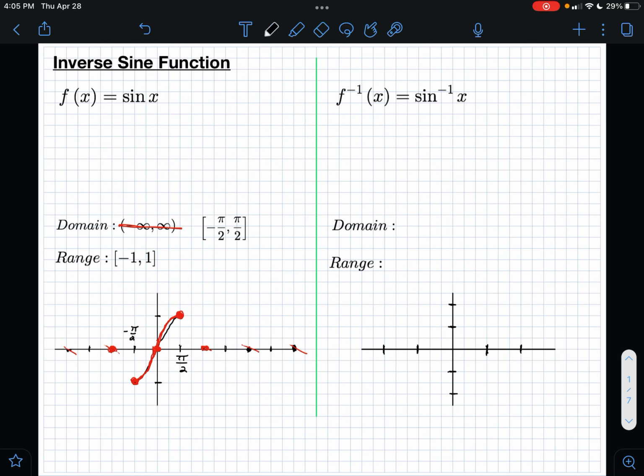Oh, excuse me. And in order to get the range of the inverse sine function, that has to be the domain under the restriction of the original sine function.